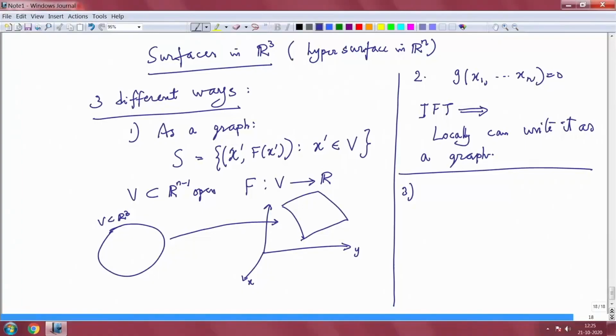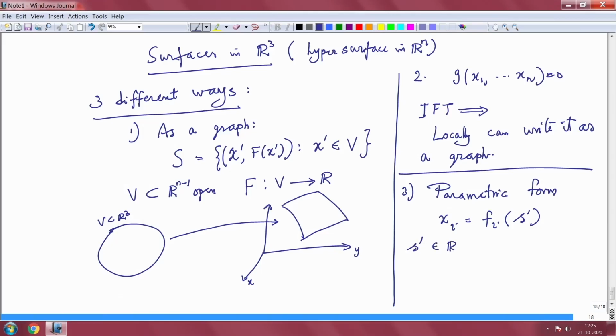So, the third one is a parametric form. That means you have a surface, it is given by xi equals fi of s prime, a family of functions, where s prime varies over a domain in Rn minus 1.